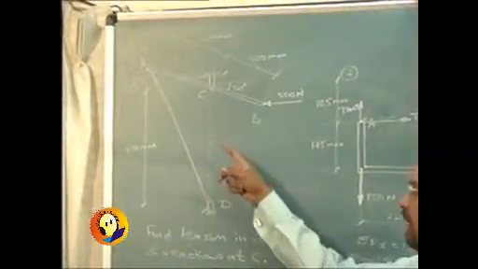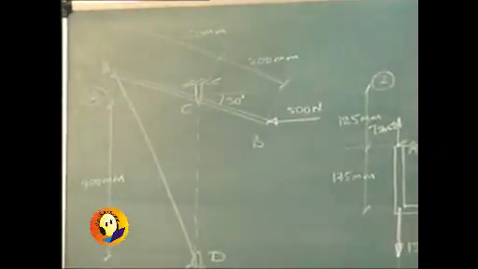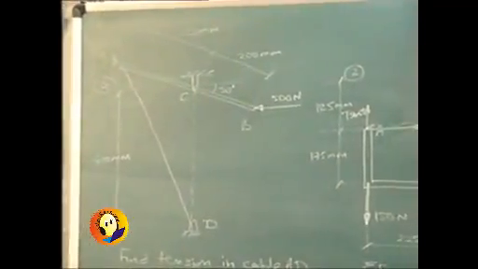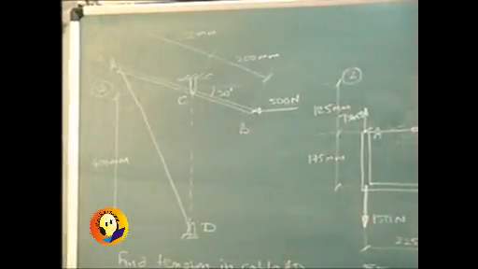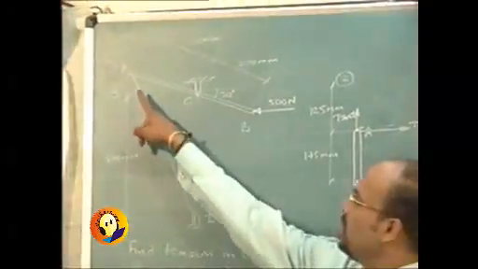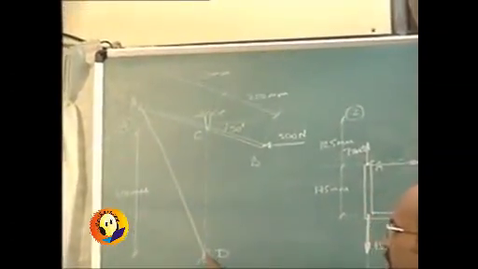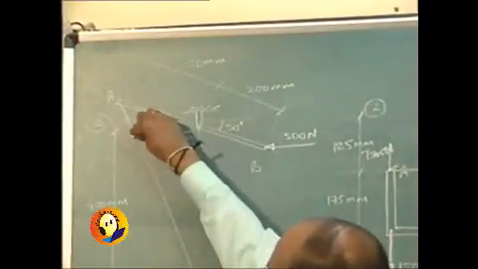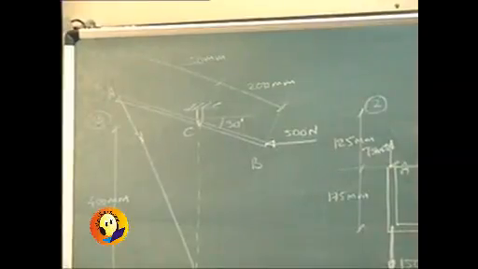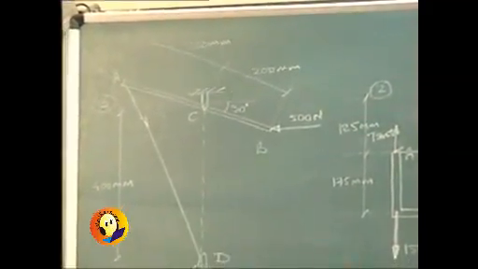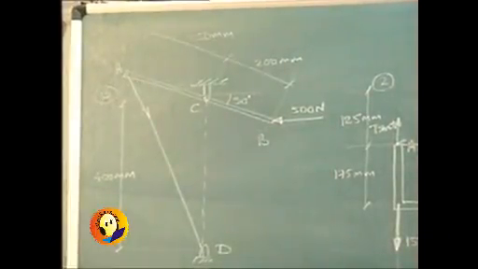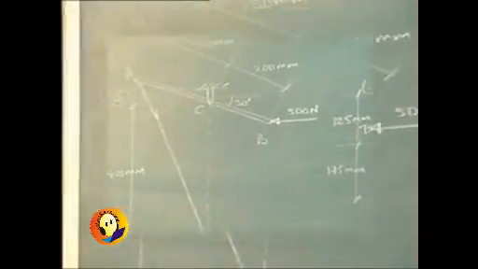There is a beam ABC which is hinged at point C. At end A, we are attaching the cable which is connected to D. So there will be some tension in this cable which will be pulling it up. We are given the applied force as 500 and another tension T is to be calculated. That is what the problem statement is.